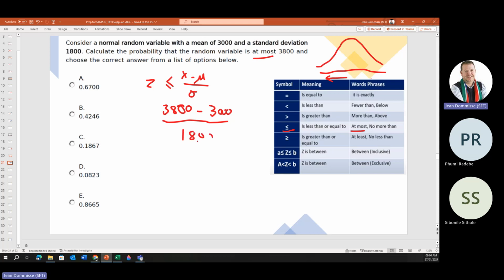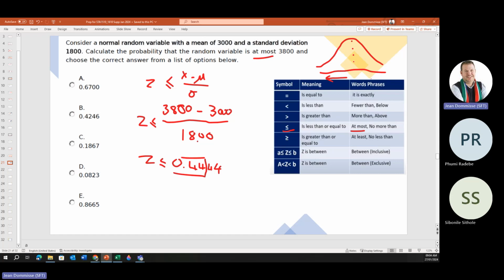And so that is going to be our Z. Let's see, Z will be smaller or equal to 3800 minus 3000 divided by 1800. So I get a Z of 0.4444. Okay, on the tables, we round it off. So it will be 0.44.